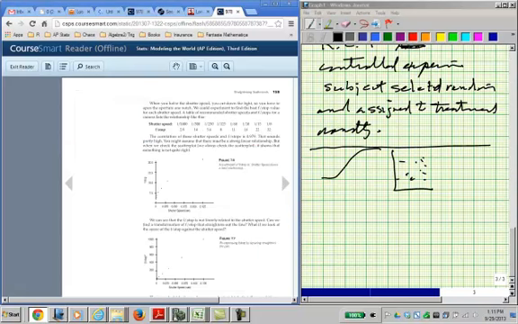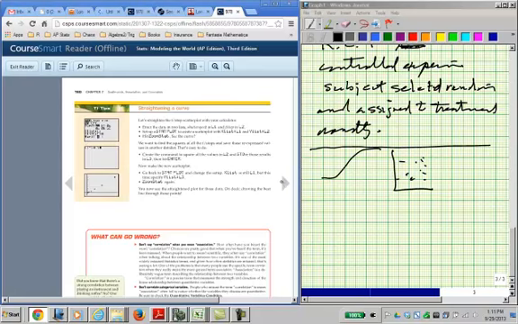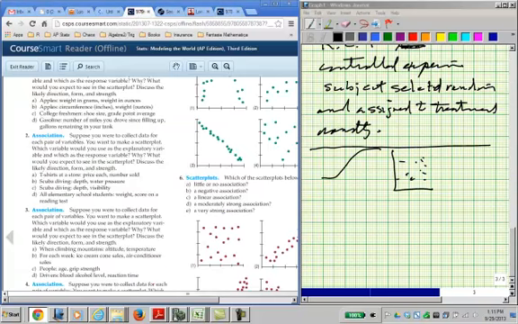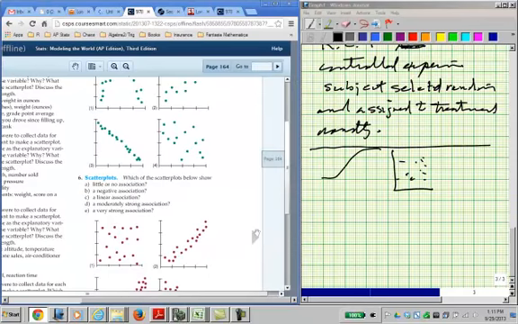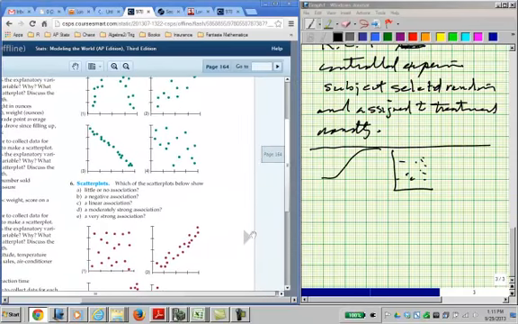And finally, re-expression, straightening a curve. Now, what are we talking about here? Well, this is actually a homework problem. So let's go back to the book, to the homework, and turn that off.